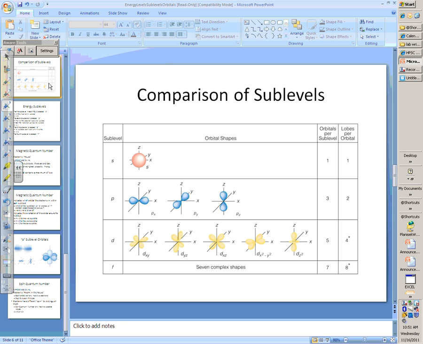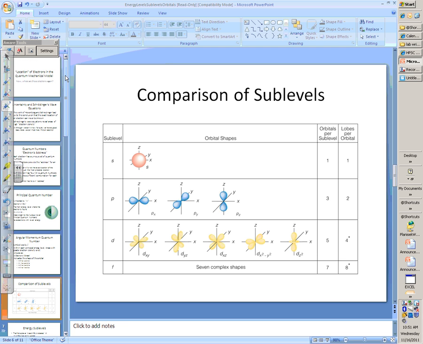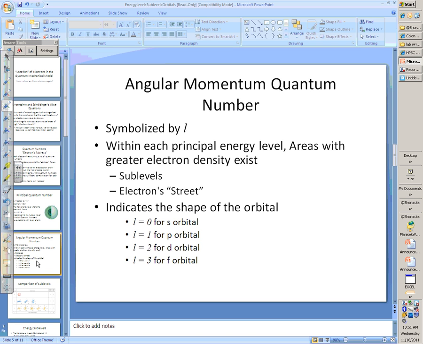It's 3. So Kennedy, what are your possible M values? Negative 3, negative 2, negative 1, 0, 1, 2, 3. There's 7 possible values there.